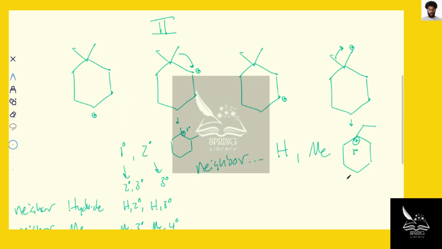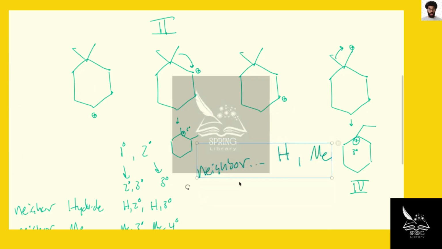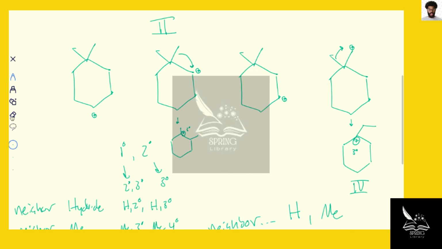Okay, so now, which is more likely? 2 or 4. Either of them are possible. They're valid rearrangements that are likely to happen. Which one is more likely to happen? I would say that 4 is more likely to happen. And that's because we go from primary, which is very unstable, to tertiary, which is very stable.